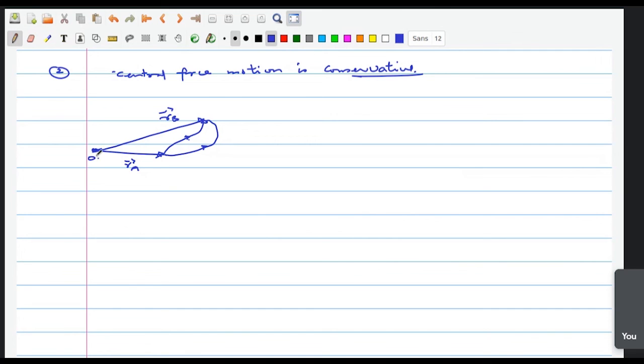This is the point O, the center of attraction. So the work done in taking a particle from point A to B can be written as F dot dr. This is the work done by the gravitational force.